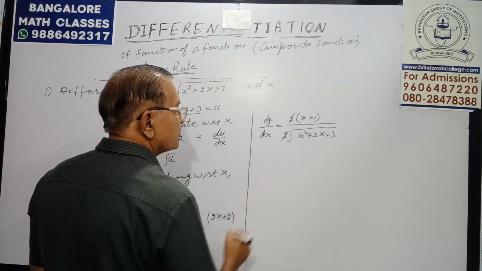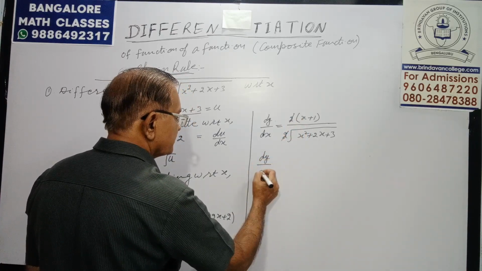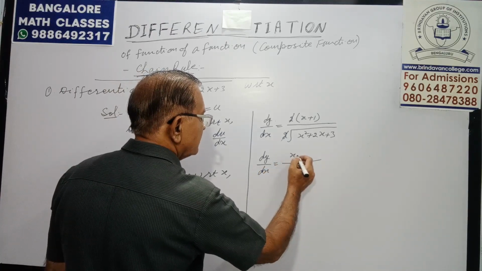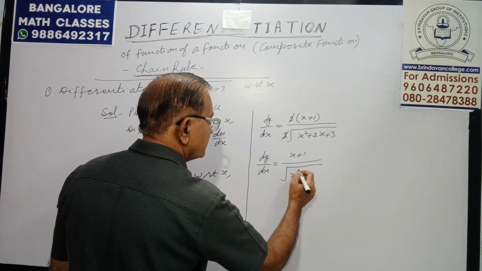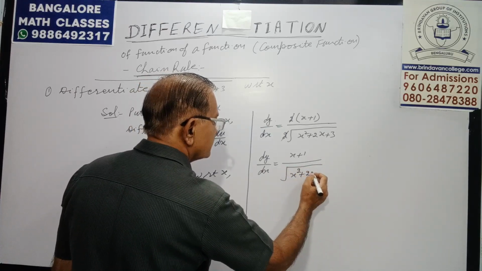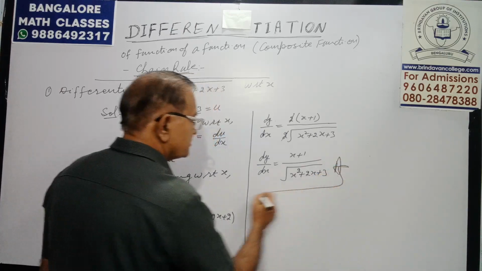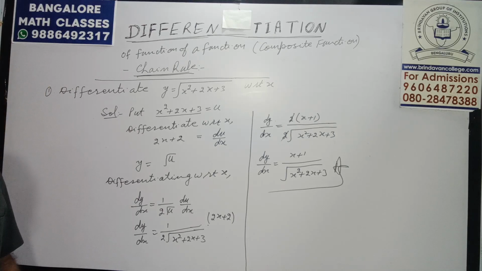Cancel 2 and 2. So we get dy by dx equals x plus 1 over root of x square plus 2x plus 3, which is the answer. This is one way to solve it.